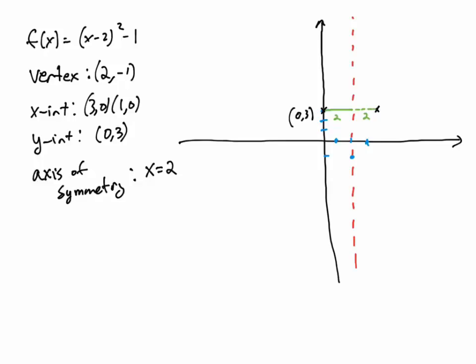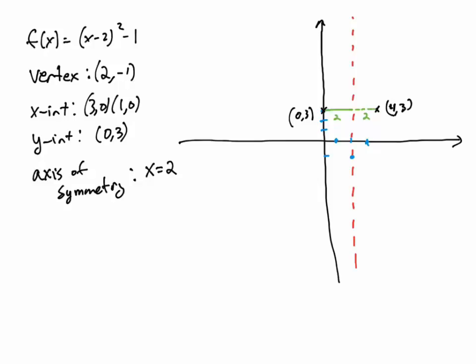What that means is the point to the right of the axis of symmetry, the y-coordinate is still 3, but the x-coordinate is going to change. And if we know that the axis of symmetry is at 2 along the x-axis, if I add 2, that gets us to (4, 3).